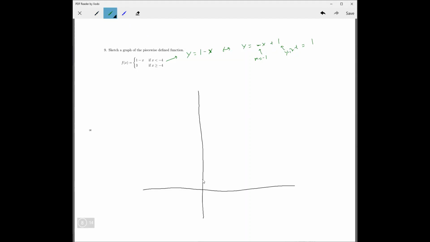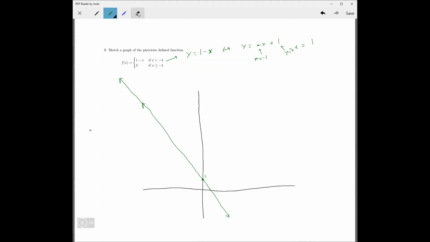So if I draw a graph with the y-intercept at 1, and the slope is negative 1, it's going to go down like that, and then come up like that as you go to the left.